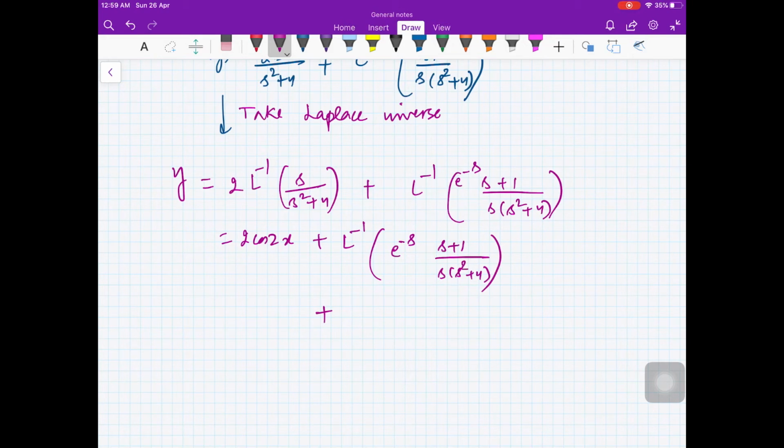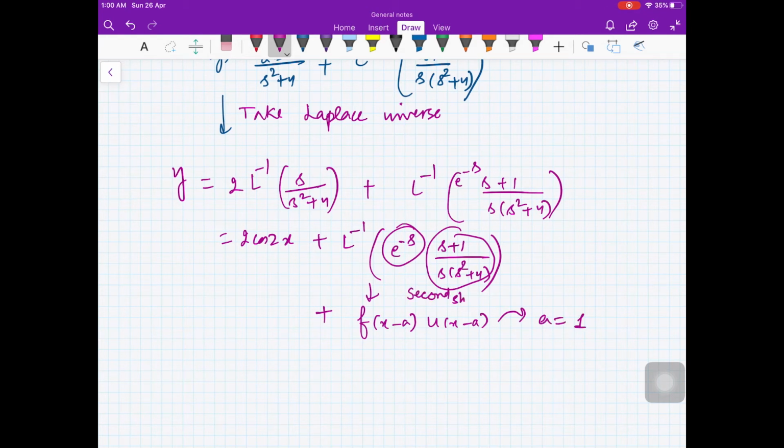The second shifting theorem says that, you see, this is your e raised to minus a s into a function. So the Laplace inverse will be f of x minus a, into u of x minus a, where a is your 1, right? You are using the second shifting theorem here.